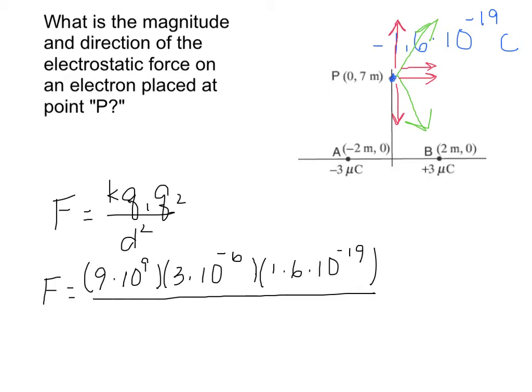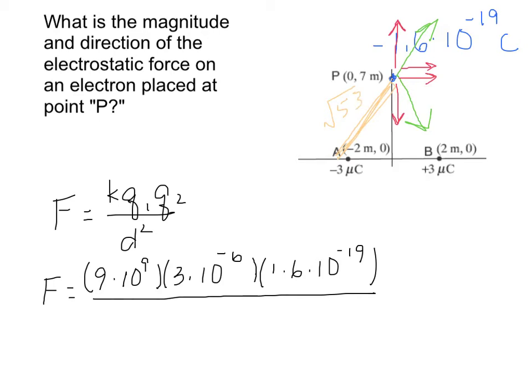Now, we have to look at the geometry here to get the distance separating them. I'll draw this in a different color, maybe an orange, and we need to get this distance here, which is the hypotenuse of a triangle formed by 2 and 7. So 2 squared plus 7 squared is 53, which makes that length there the square root of 53.